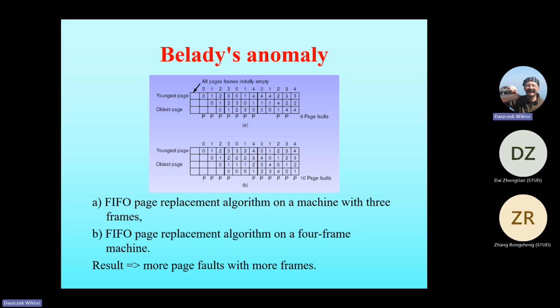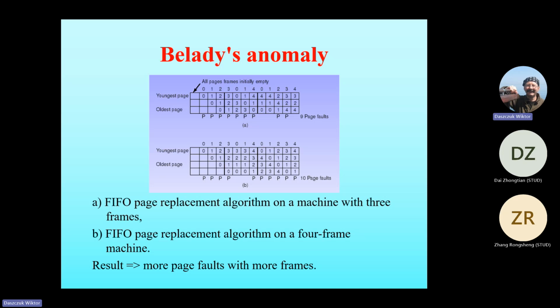We have access to page 0. So page 0 is loaded and it is at the head of the list. Then page 1 is needed. It is loaded, it is at the head, and page 0 is moved lower in the queue because in the FIFO method, at the head is the page loaded recently, at the tail the one loaded mostly in the past. Number 2 is accessed. Again, we have 2 in the front, then 1 and 0.